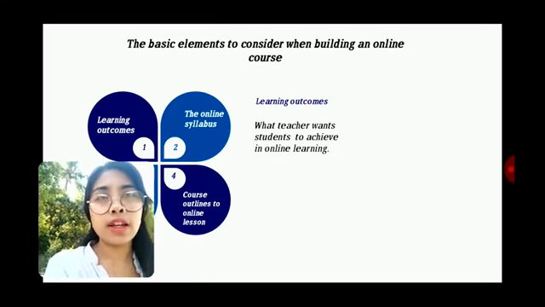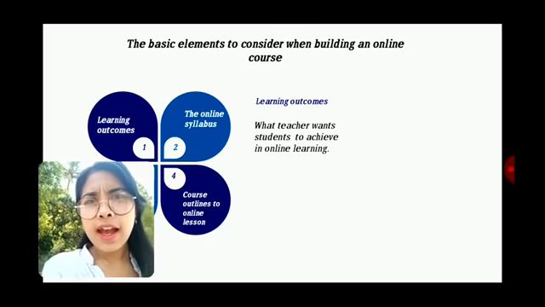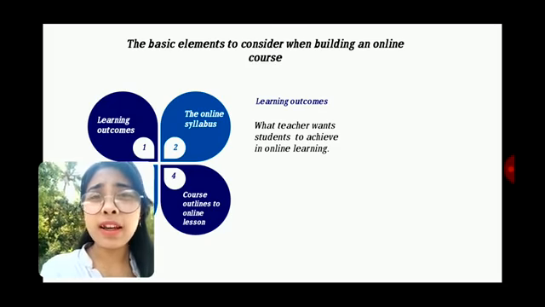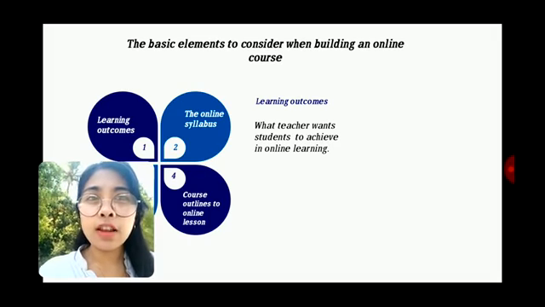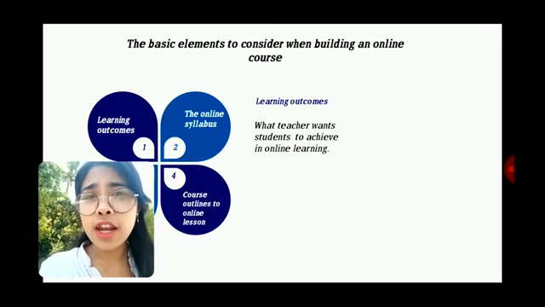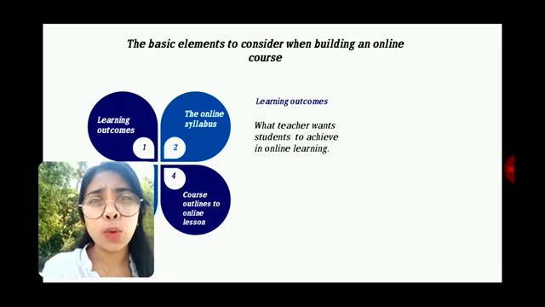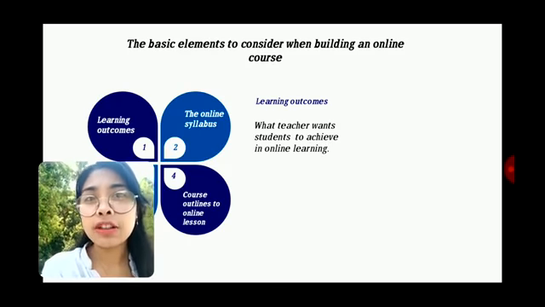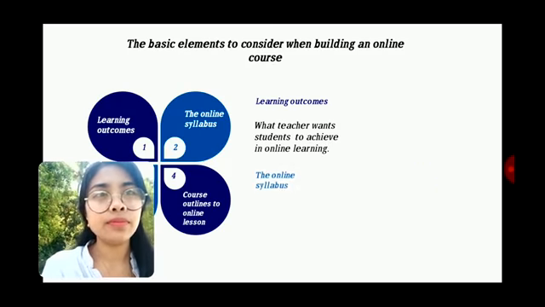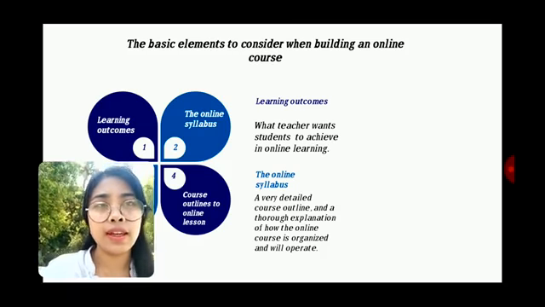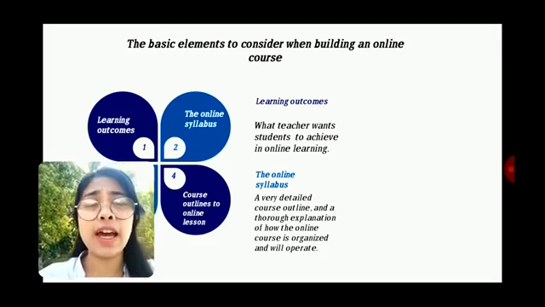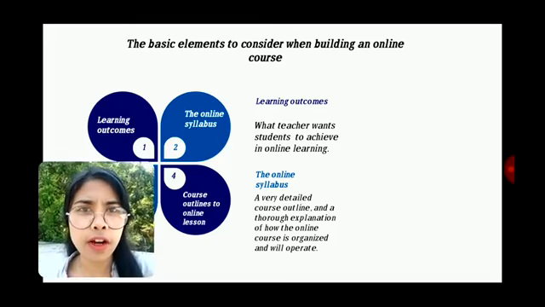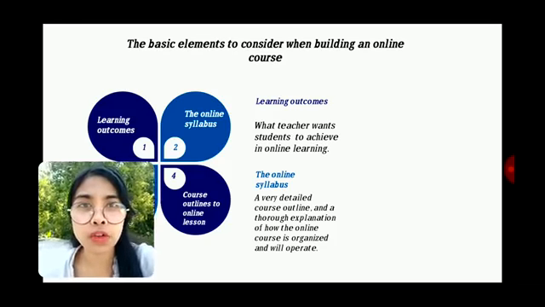The first one, let's talk about the learning outcomes. Learning outcomes are what the teacher wants students to achieve in the online learning. It guides a teacher to develop their online learning. The second is the online syllabus. Online syllabus, as I have explained before, is the overview of the course.